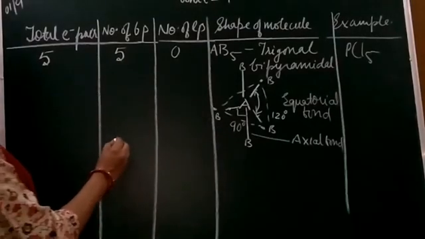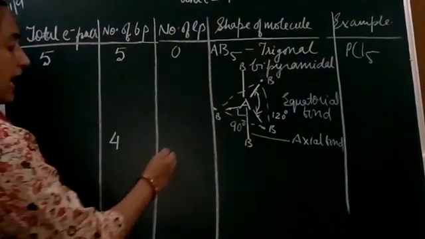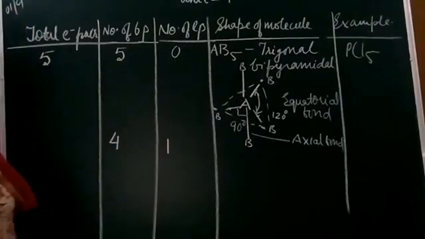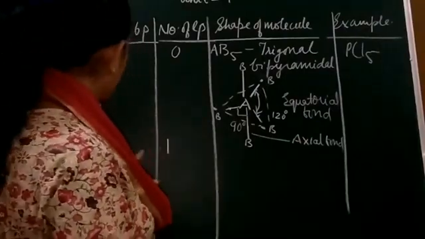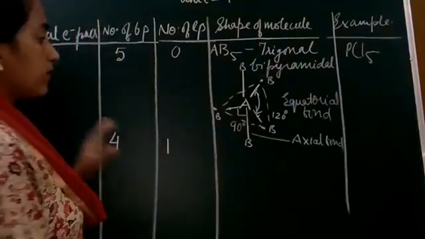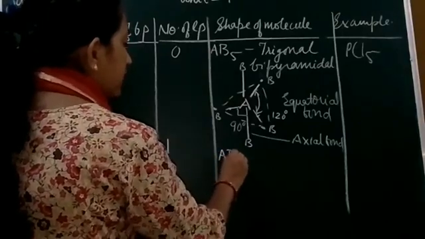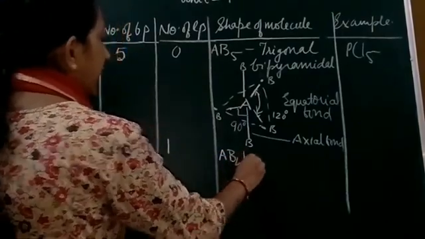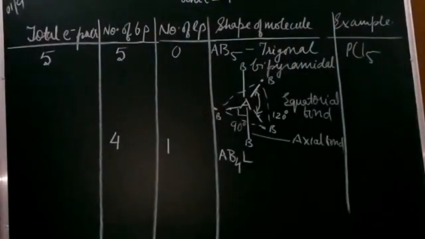Now, if there are four bond pairs and the presence of one lone pair, what will be the shape? That molecule will be of AB4L type, right, students? It's AB4L type.